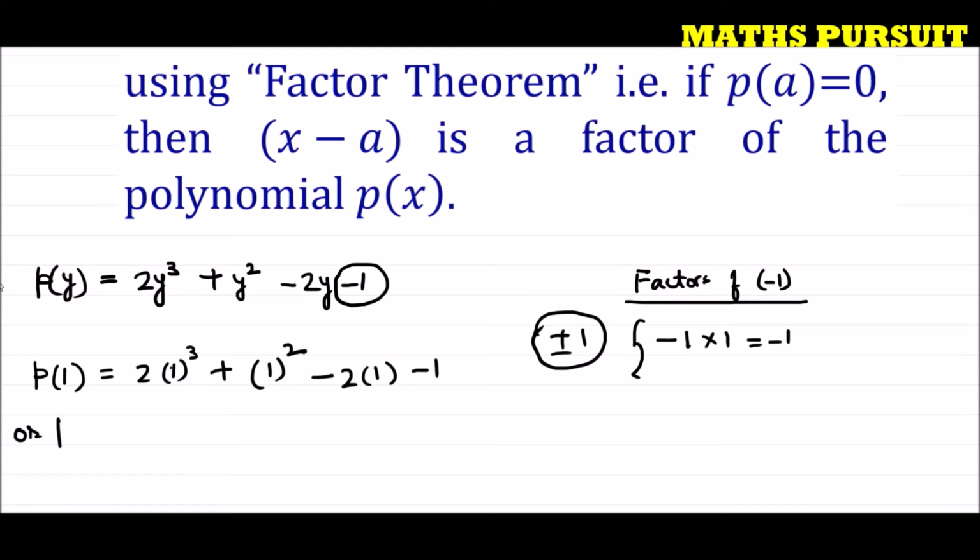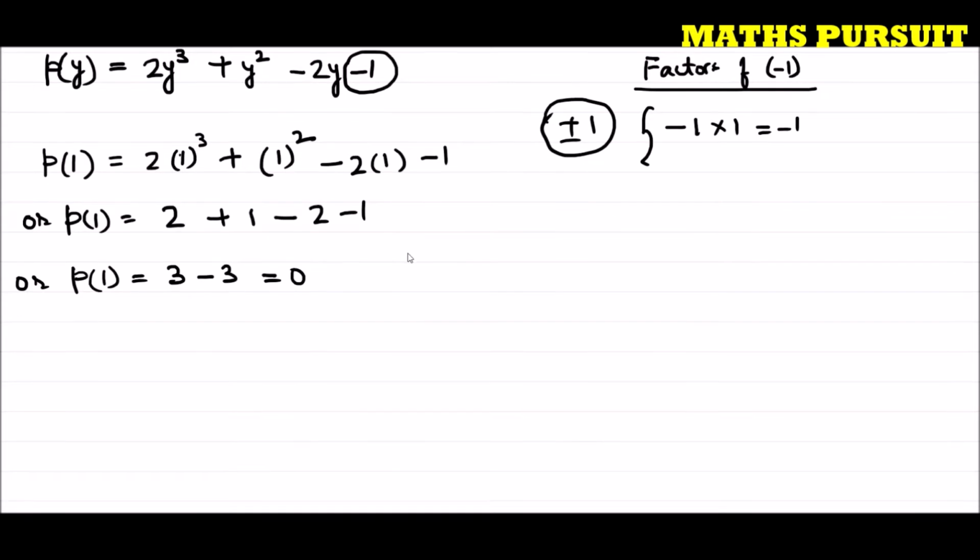Or I can write p(1) = 2 + 1 - 2 - 1. Putting the positive values together and the negative values together, 3 - 3 is equal to 0. So what we saw is that for y equal to plus 1, we are getting p(1) equal to 0.